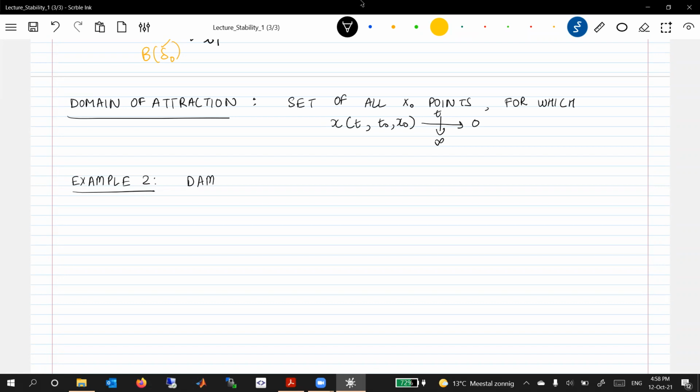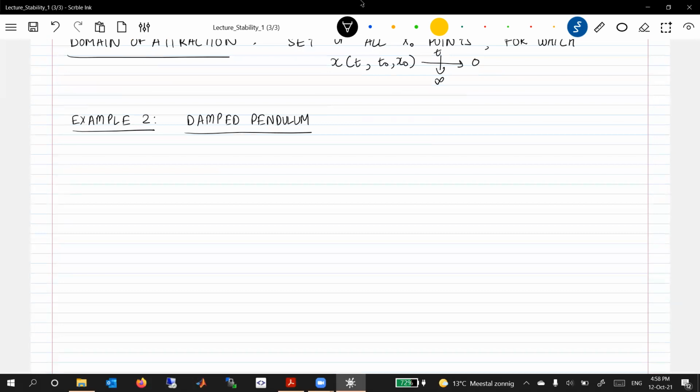But this time a damped pendulum. Mass m, length L, but this time there is also, say, a torsional damping present.